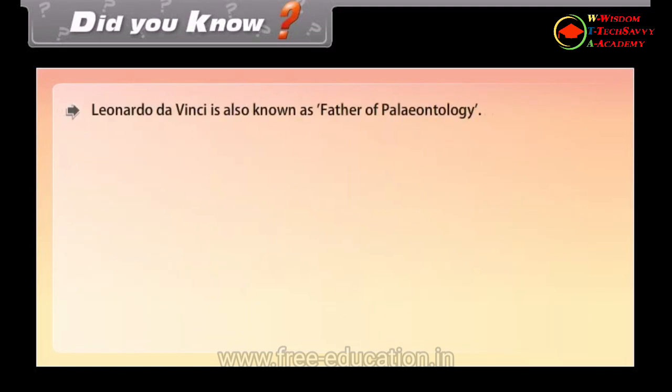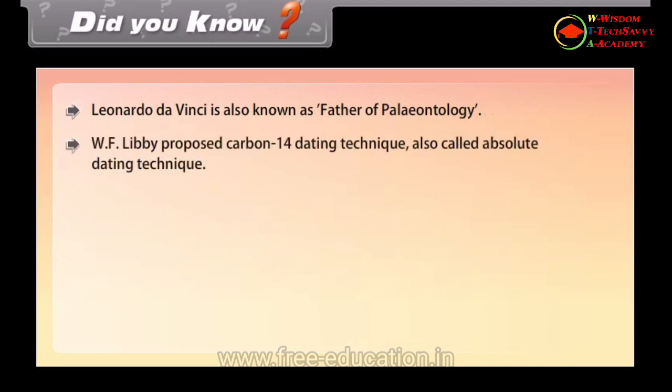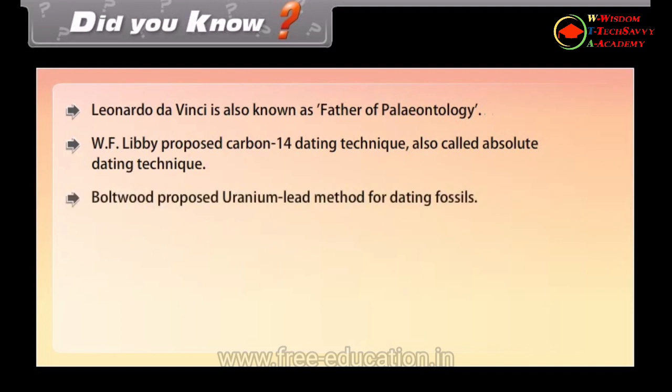Leonardo da Vinci is also known as the father of paleontology. W.F. Libby proposed the carbon-14 dating technique, also called the absolute dating technique. Boltwood proposed the uranium-lead method for dating fossils.